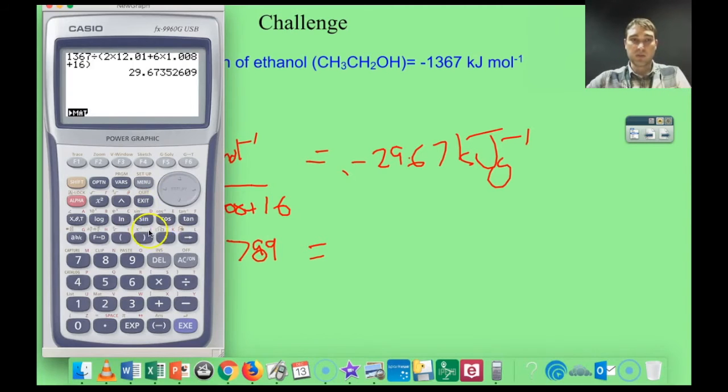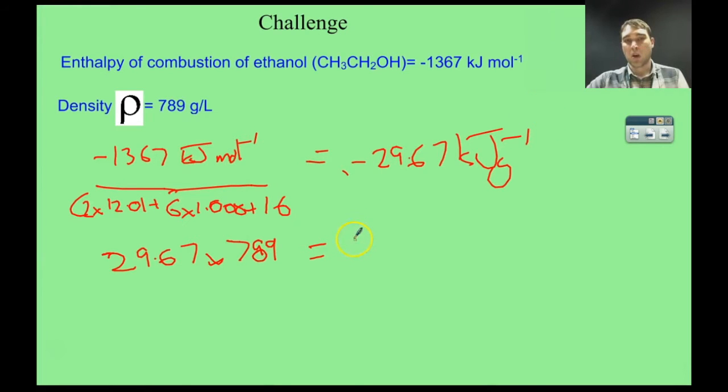So multiply the answer by 789 and we get 23,412 kilojoules per litre.